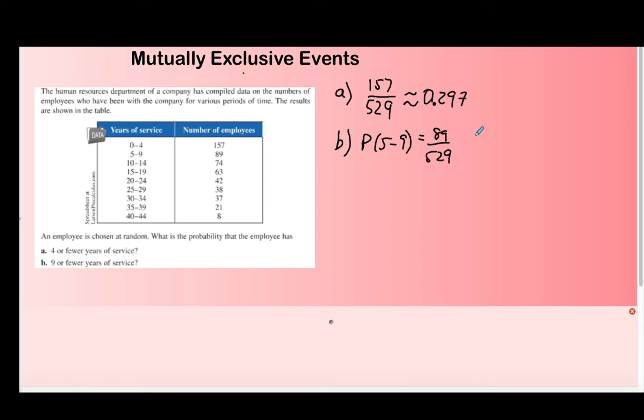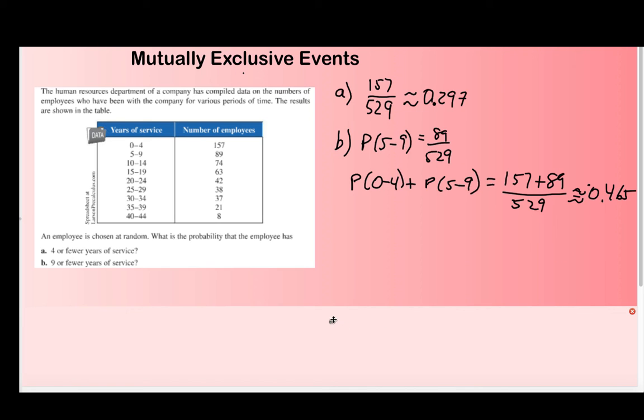So we can get this answer by adding this to the answer from part A. So we're going to add the probability of 0 to 4 and the probability of 5 to 9. And that's 157 plus 89 out of 529. This is approximately 0.465 chance that that occurred.